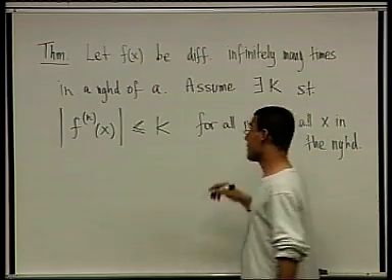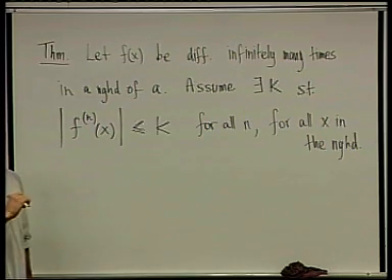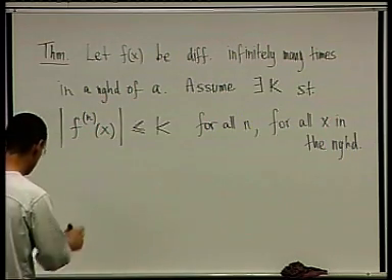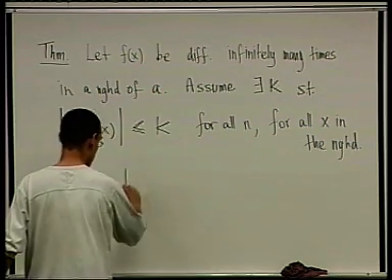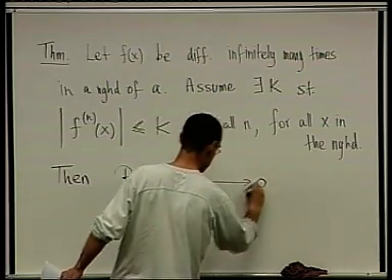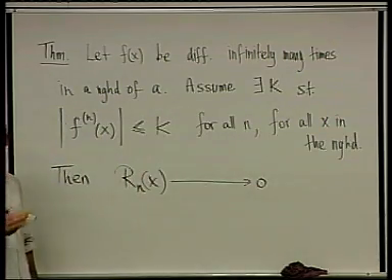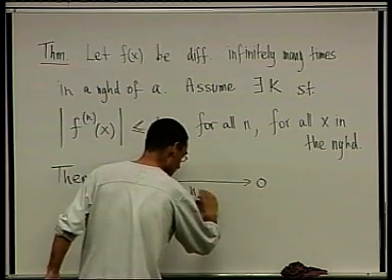Okay? But if this happens, if you can show that this happens, then the remainder, Rn of x, goes to 0, not as x approaches a, that was a statement we had before, but as n goes to infinity.